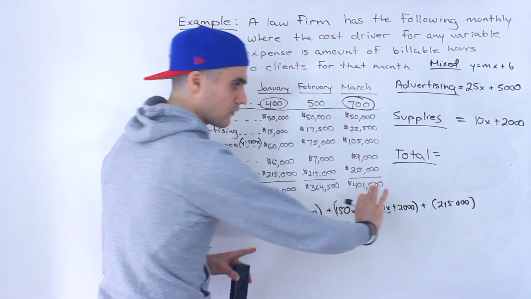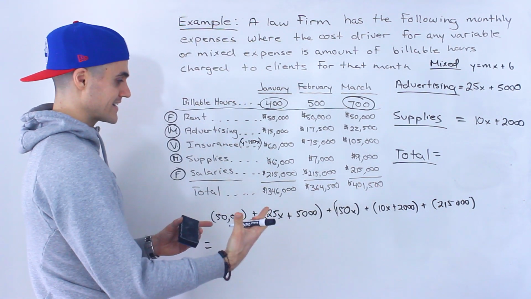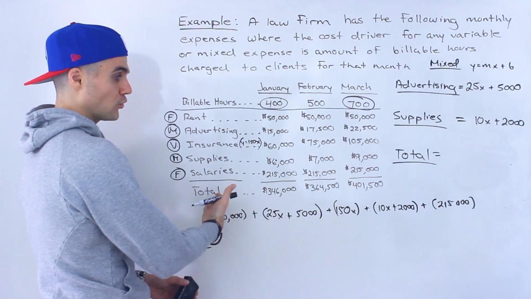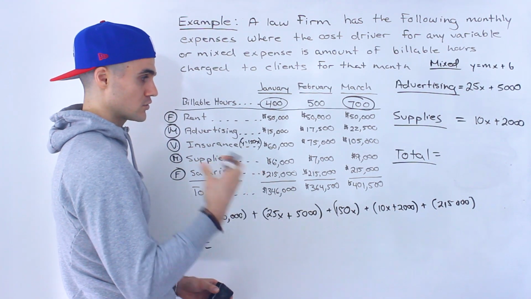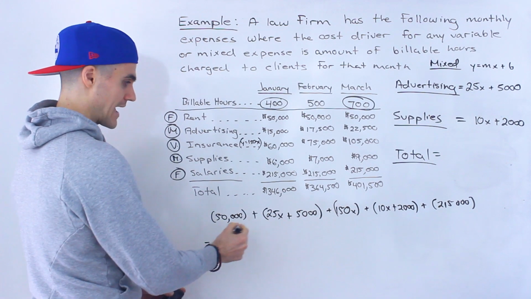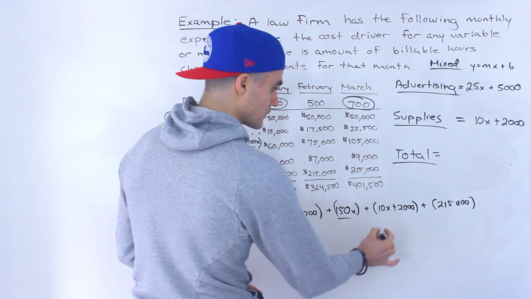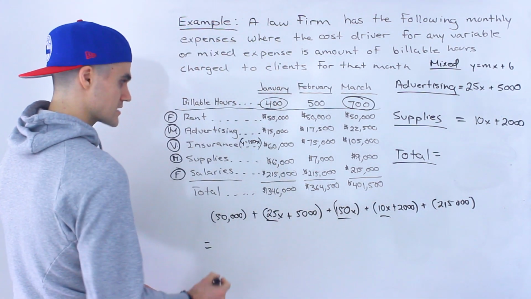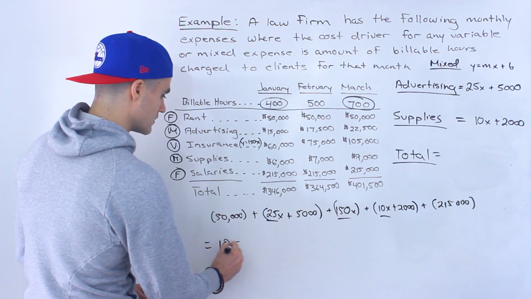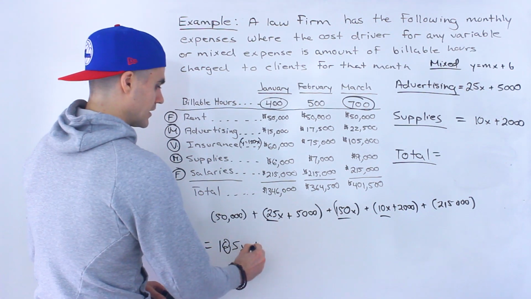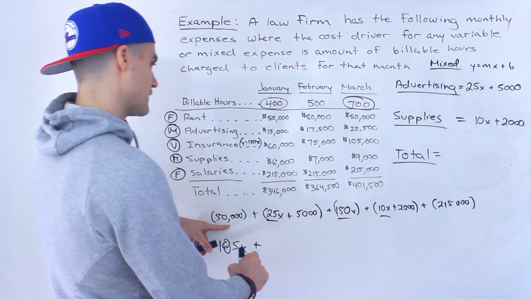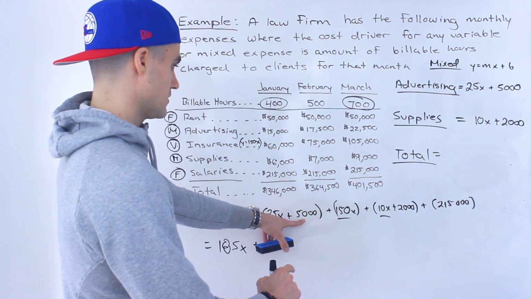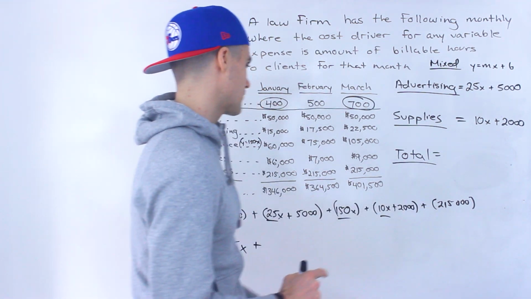So we took all of the formulas and added them up, and that's going to give us the total overhead cost formula. So we would just add the like terms. So we'll have 25x plus 150x plus 10x. That's going to give us 185x plus 50,000 plus 5,000 plus 2,000 plus 215,000.